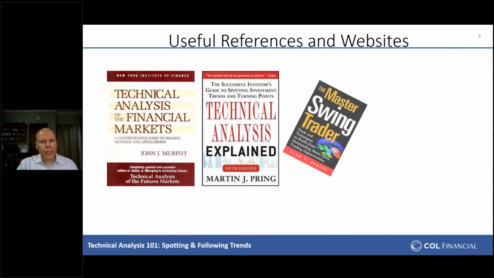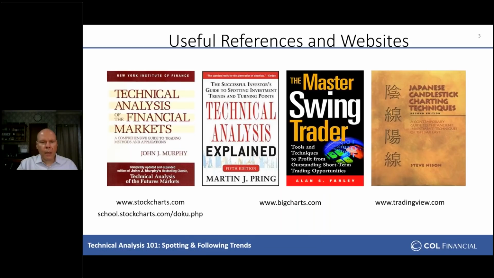Normally one of the biggest questions I get after my seminars is, what books can I make reference to? So I'll put that up front right now so many of you can have a look at some of the prime reading materials. The first 2 are pretty much core technical analysis books. They're pretty thick, but these 2 authors, John Murphy and Martin Pring, are pretty much the bedrock of what technical analysis is all about.